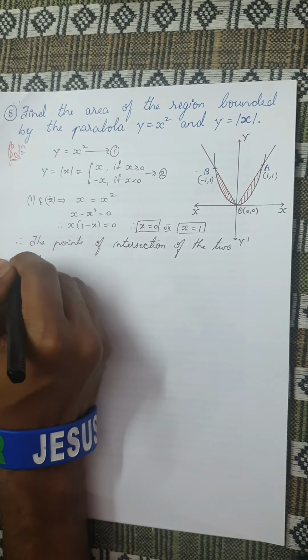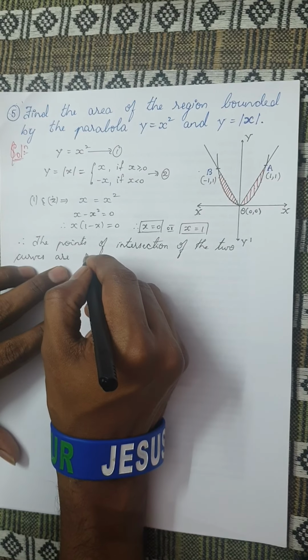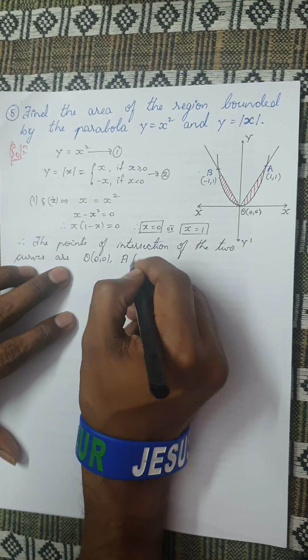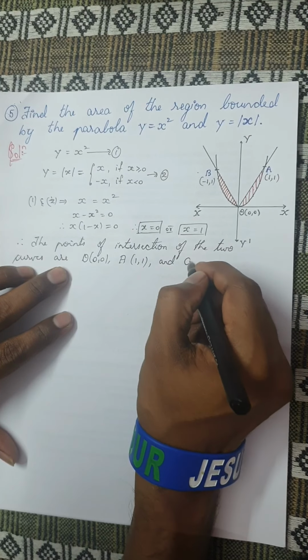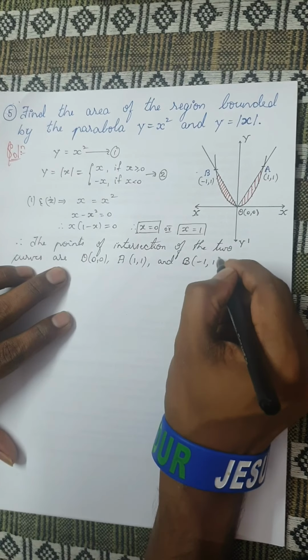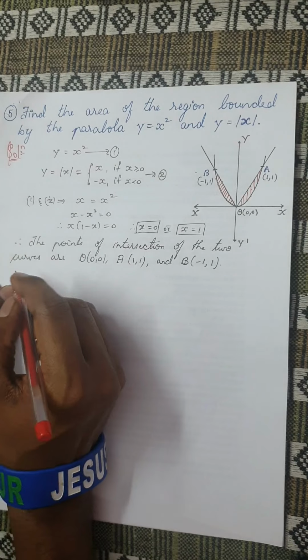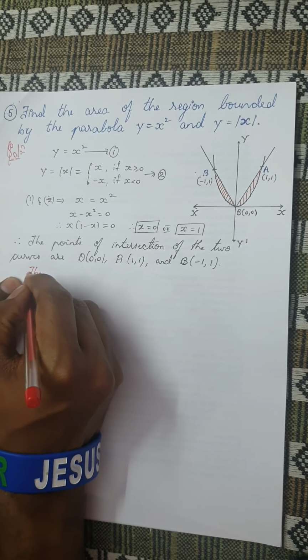Intersection or point of contact, both are the same. Intersect means they touch. The points of intersection are the origin 0, 0, the point A, which is 1, 1, and the point B, which is minus 1, 1.